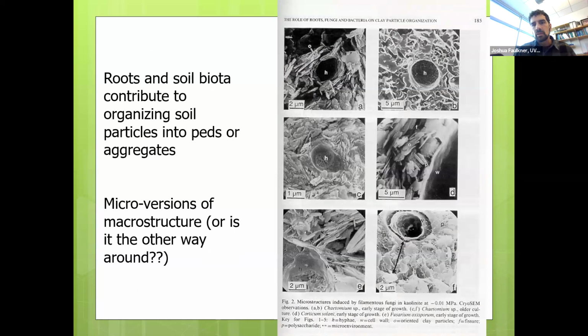And these are some fascinating images of what we would think of, and we'll talk about in a few minutes, as preferential flow paths, macro pores within the soil, but these are at a micro level. So these are channels with which air and water can move readily, and these are formed by biology. Really, these are formed by roots within the soil.